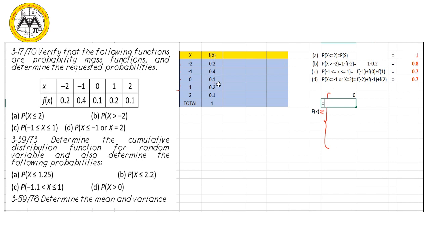So it would be 0, 0 plus 0.2. Next would be 0.2 plus 0.4, that is 0.6. And then 0.6 plus 0.1 equals 0.7, plus 0.2, and then finally 0.9 plus 0.1.